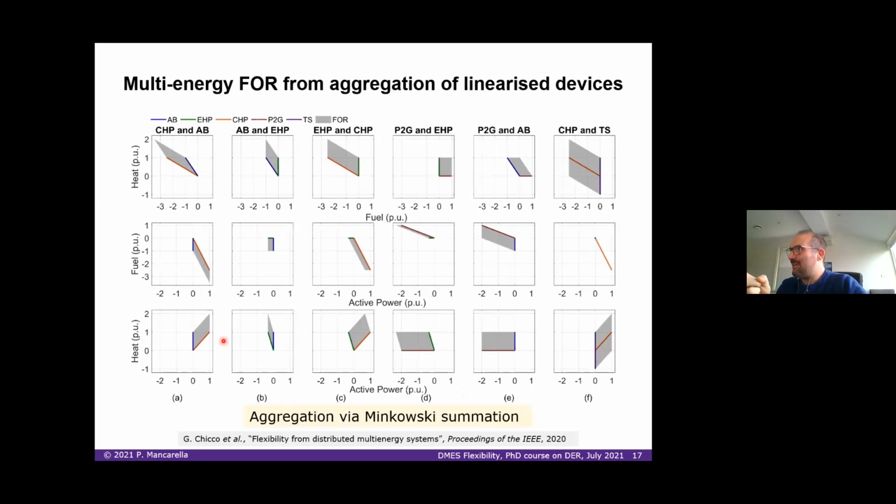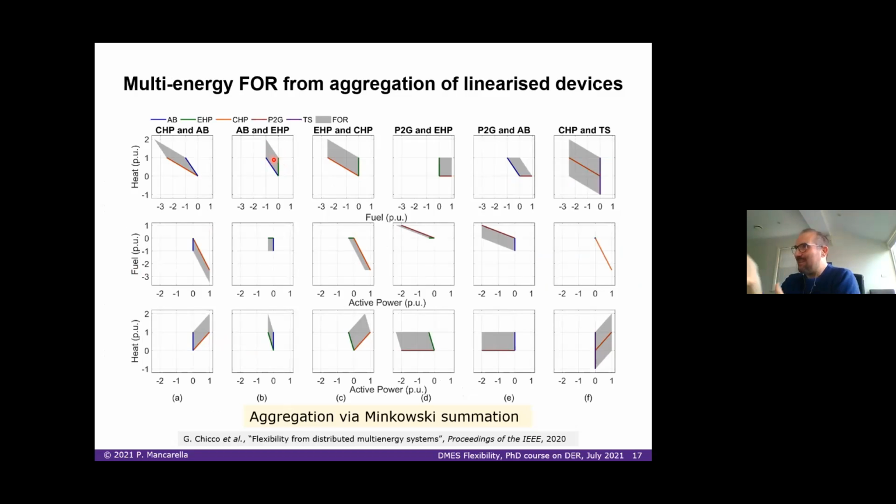When I couple technologies, I'm no longer on a line. I have a region, so I can flexibly move in this region. So again, this is the magic of aggregation and the magic of the Minkowski sum. I am actually creating flexibility here because I am coupling multi-energy technologies.